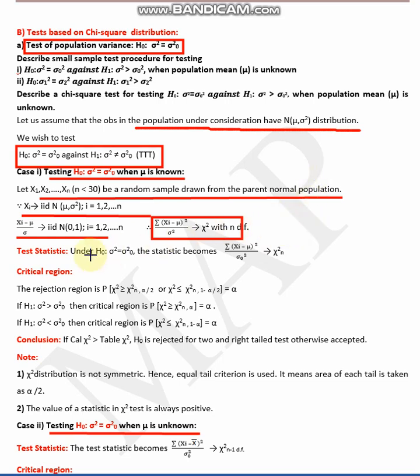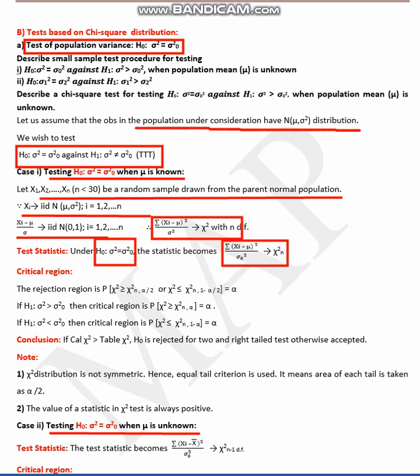Now what is my test statistic in this case? My H naught is sigma square equal to sigma naught square. Since mu and sigma square are the parameters of the normal distribution, and here mu is known, the test statistic becomes summation (xi minus mu) square divided by sigma naught square, which follows chi-square with n degrees of freedom.